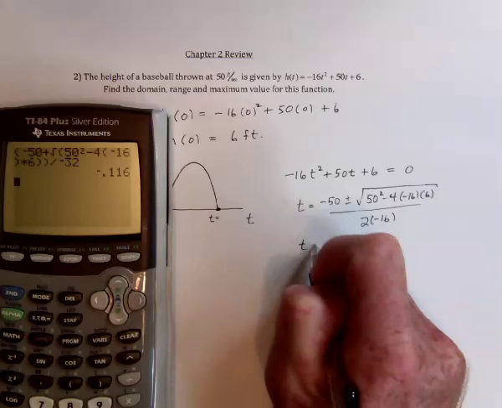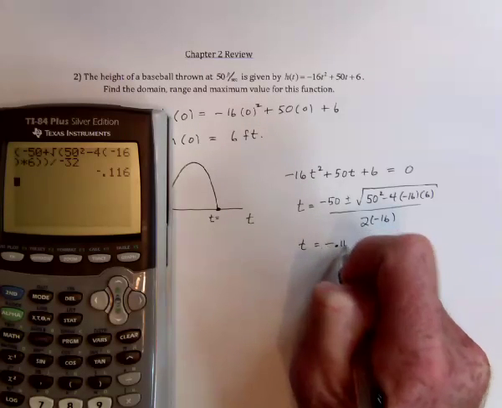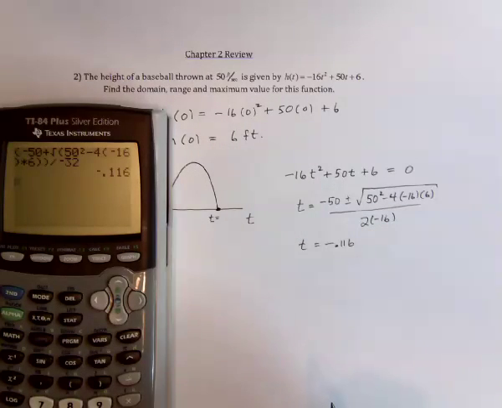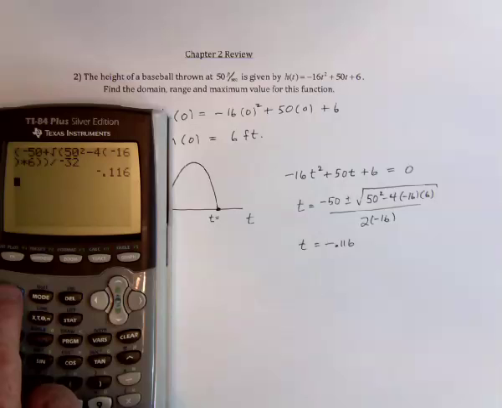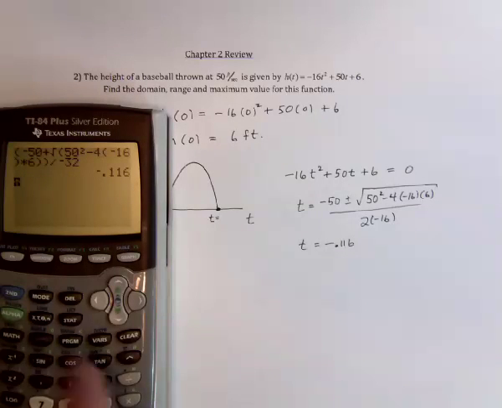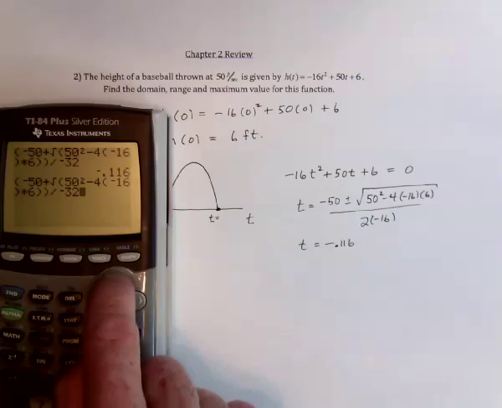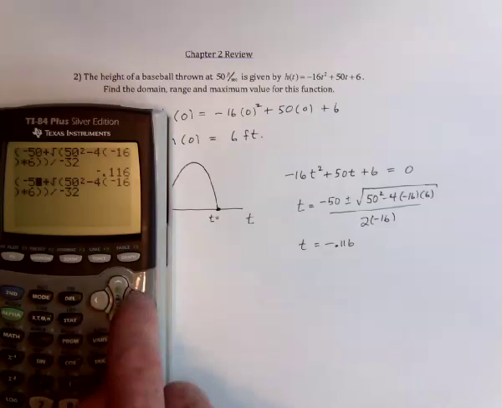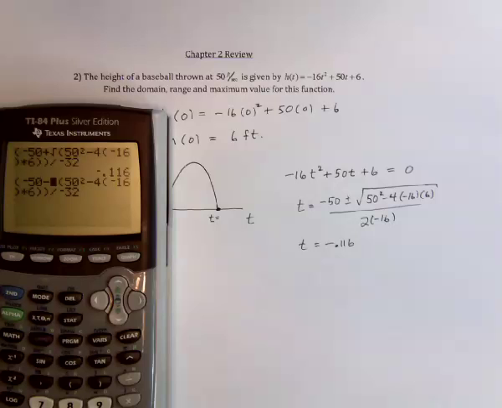So t equals negative 0.116 actually doesn't make sense because that says go backwards in time, which humans are not very good at yet. I'm going to do the same thing except change this to the minus. If I press second enter, it gives me the whole expression back, and I can change this to be subtract.